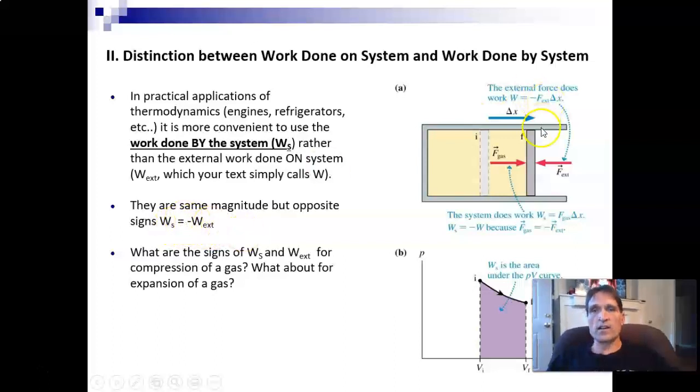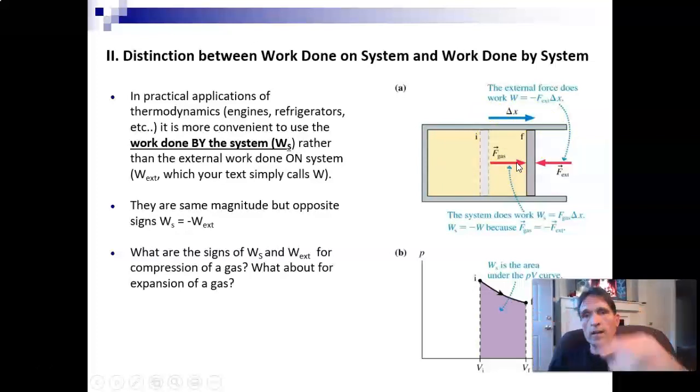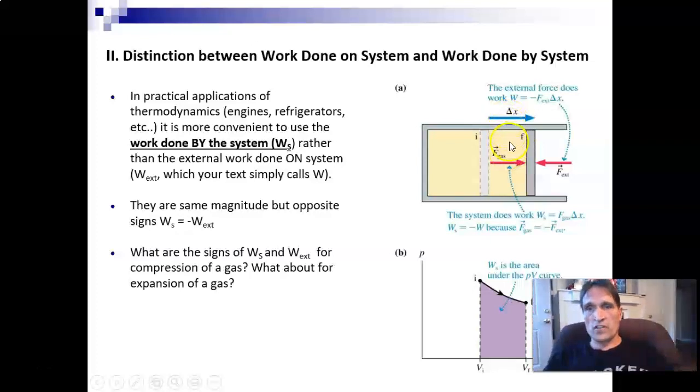It turns out that they're just the opposite sign, but the same magnitude. To see that, here's our little piston. Suppose that the gas is expanding here. There are two competing forces. The pressure of the gas pushes on the piston outward, in the same direction as the displacement, so this would be positive work done by the gas.